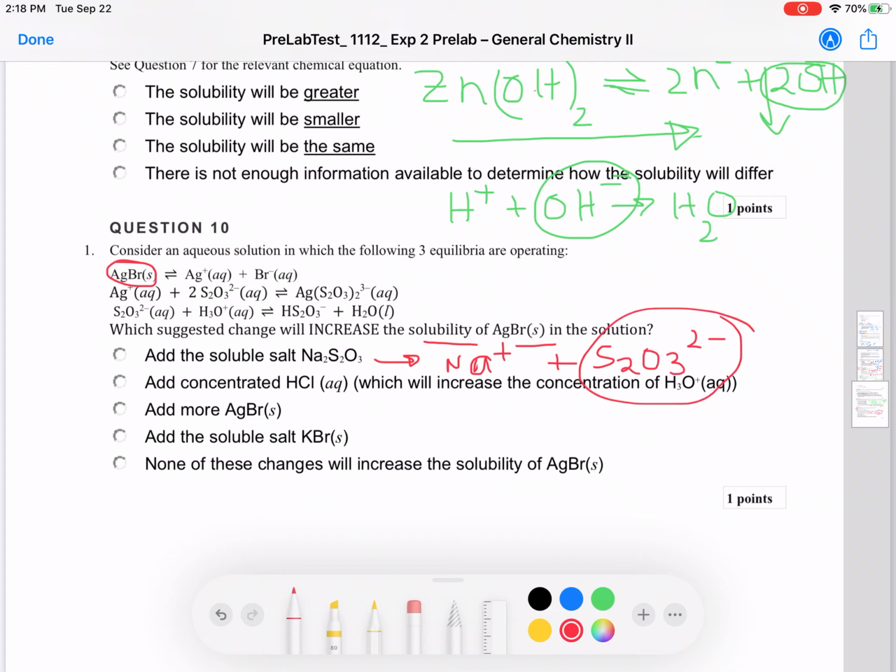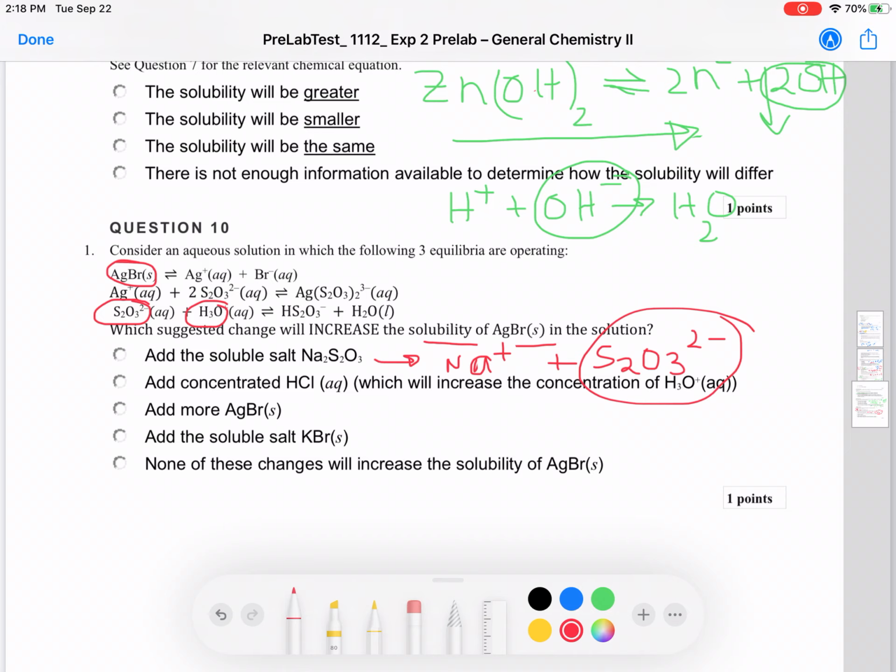So what's going to happen when you add a strong electrolyte? You find it here, S2O3, right? The more S2O3 you have, it's going to react with hydronium ion. So the more S2O3 ion reacts, what's going to happen?